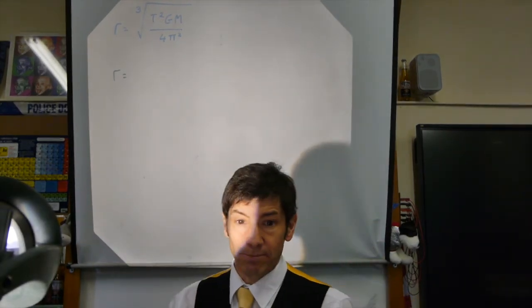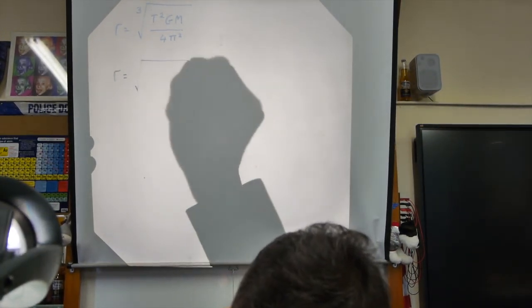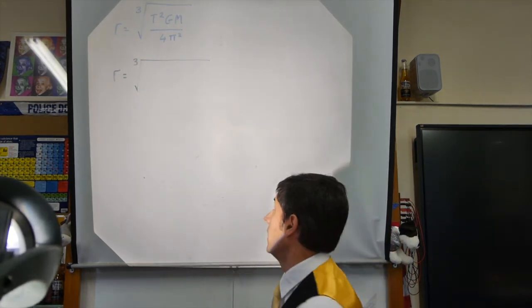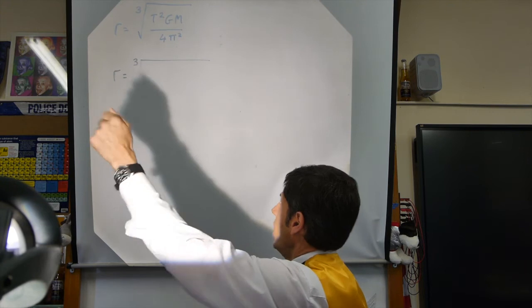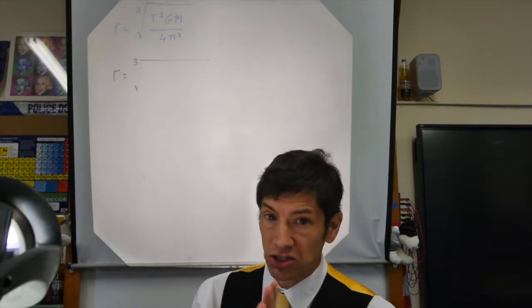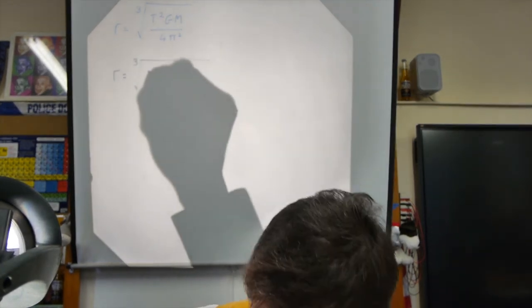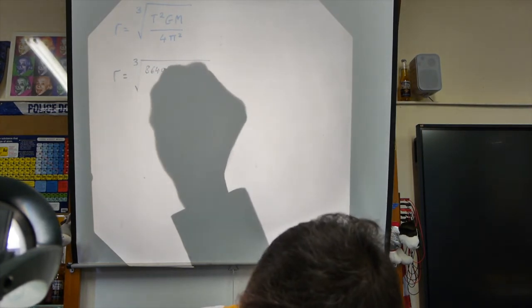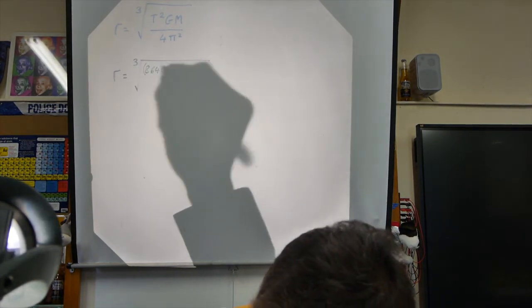So let's stick some numbers in. So let's get our cube root. I nearly said square root. Let's get our cubed root sorted there. And maybe in an exam you might want to highlight that or something. Do lay out your working. Don't just do it on your calculator. Right, time period squared, got to be in seconds. 86400 seconds squared.